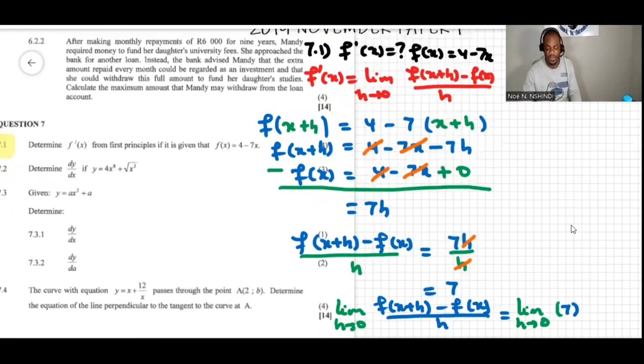The limit here won't affect the 7 because there is no h here. So therefore, the derivative f prime of x is just equal to 7.